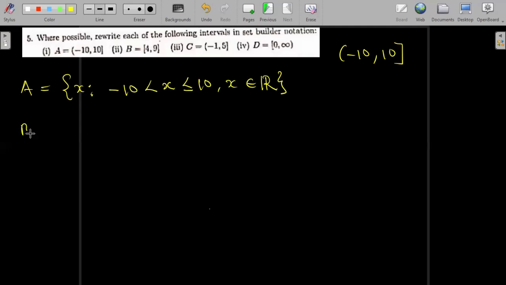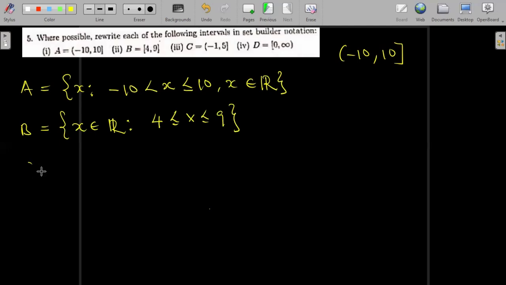For B, you continue, just do the same. If you want, you can start with saying X is a member of the real numbers such that, then you write the interval. So at 4, it is closed there, so there's an equal to, then X less than or equal to 9, like that.